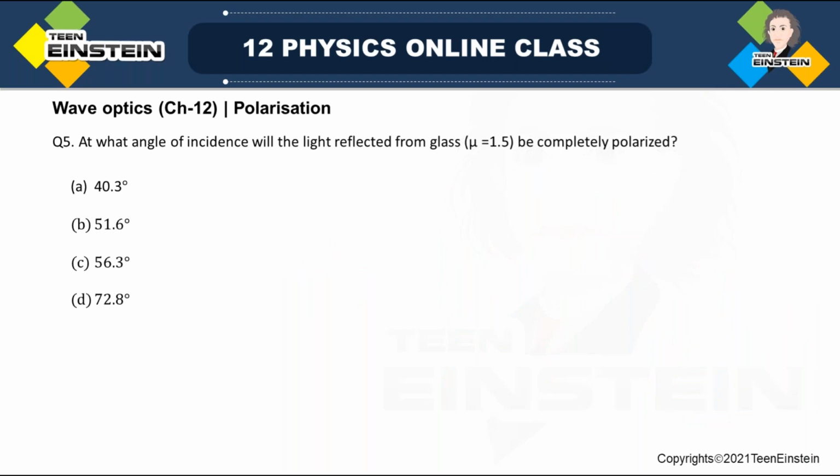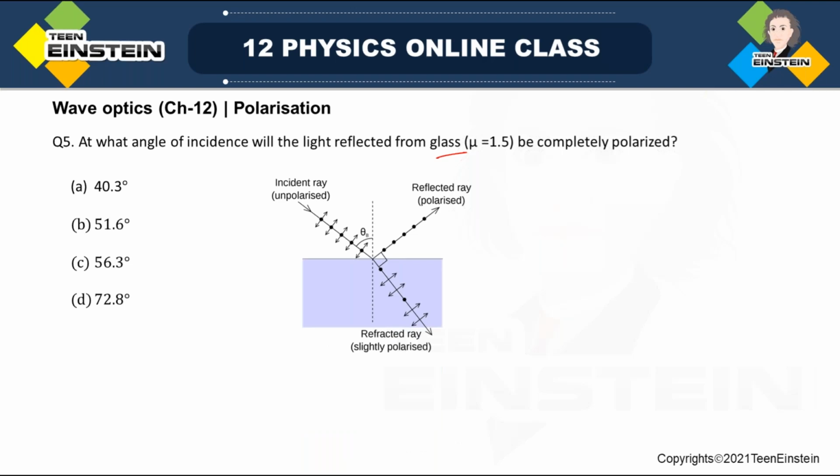Now, at what angle of incidence will the light reflected from glass be completely polarized? The question is from Brewster's angle. Let us write this.